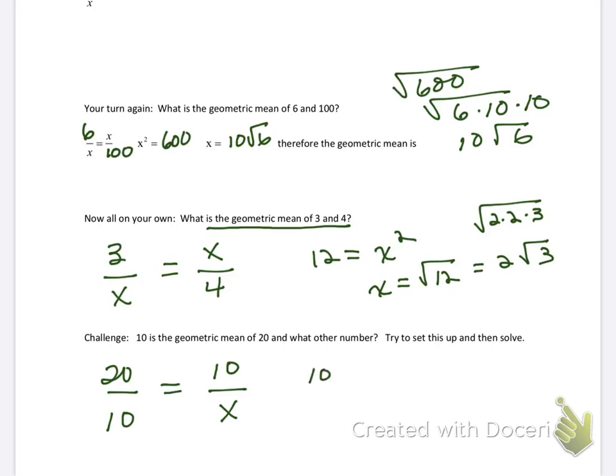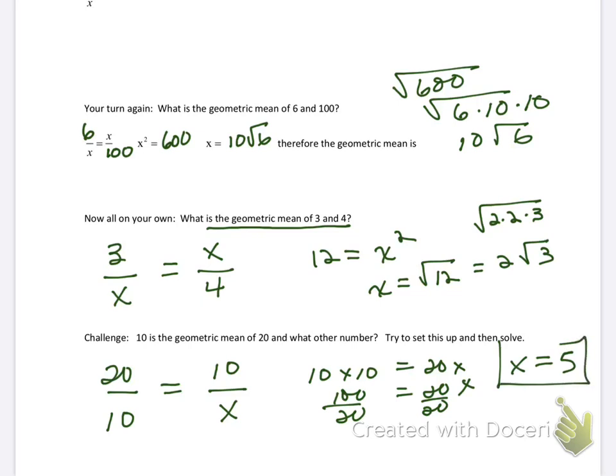So 10 times 10 has to equal 20x. So 100 equals 20x. Divide by 20, divide by 20, and you get x equals 5. And that is your final answer. So you should have a much better handle on this material now.